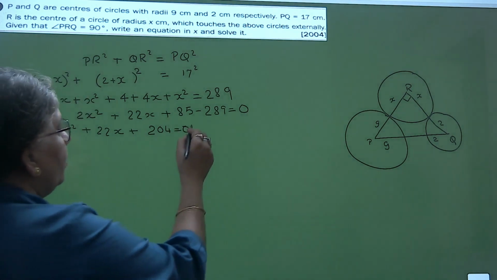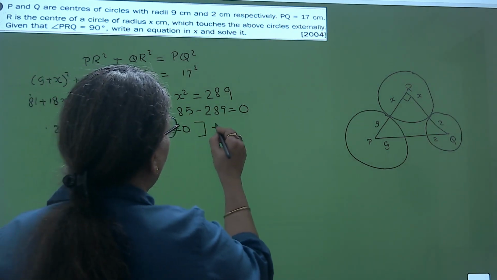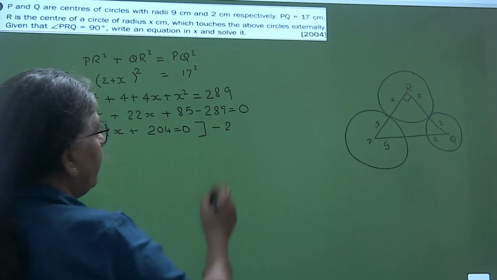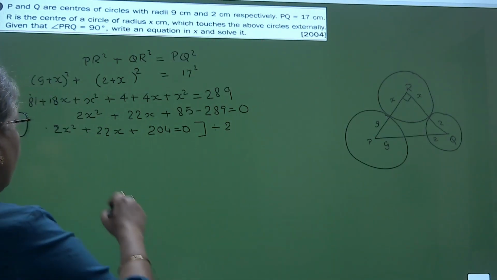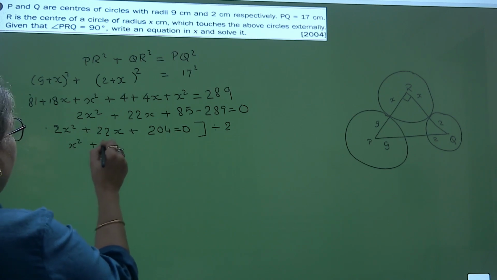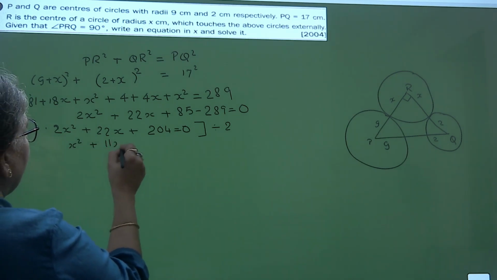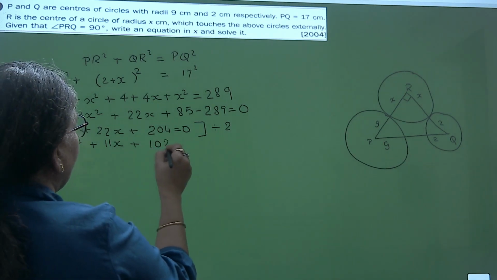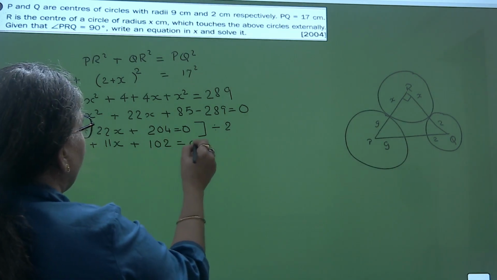Now we can reduce it by dividing the whole equation by 2. So we divide the whole equation by 2, and we get x square plus 11x minus 102 is equal to 0.